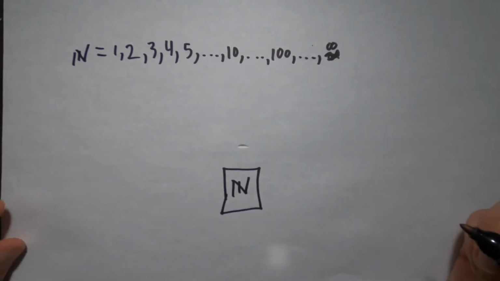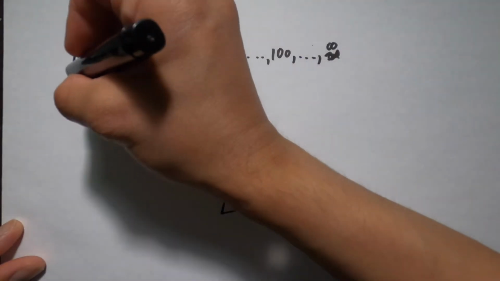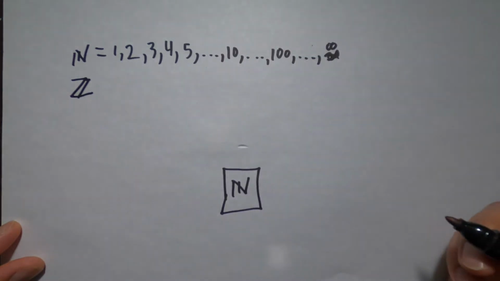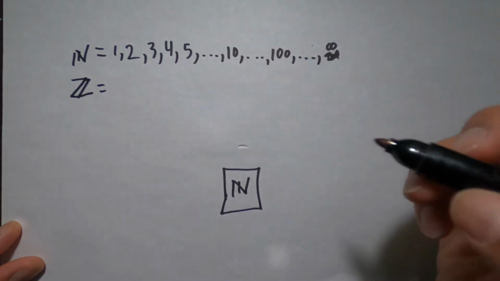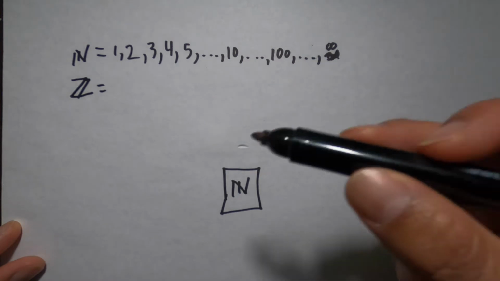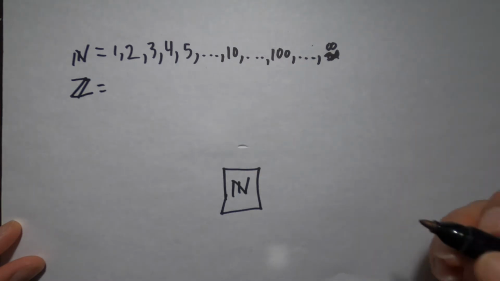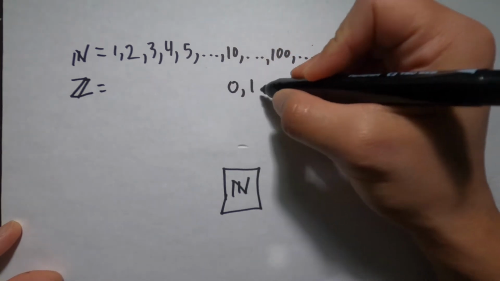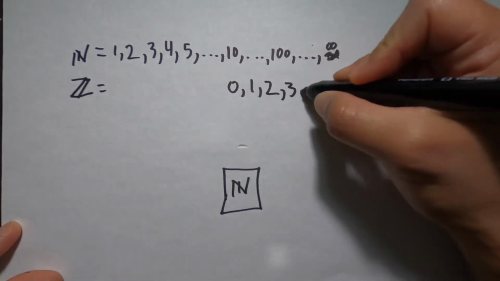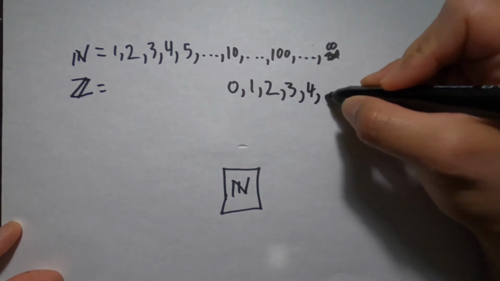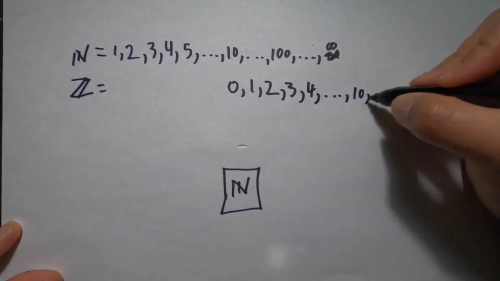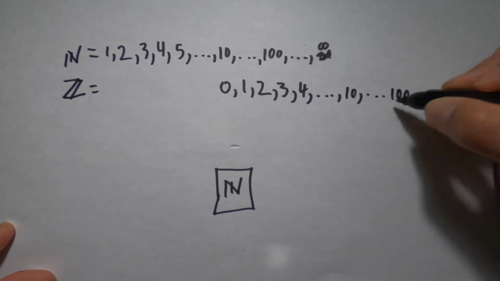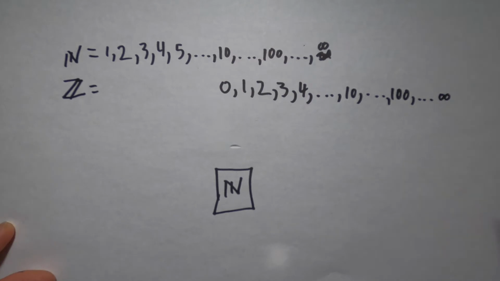Then the next thing we had was all integers, which had this Z-looking symbol. The Z symbol represented all your numbers from 0 to 1, 2, 3, 4, all the way to 10, and all the way to 100, and all the way to infinity.